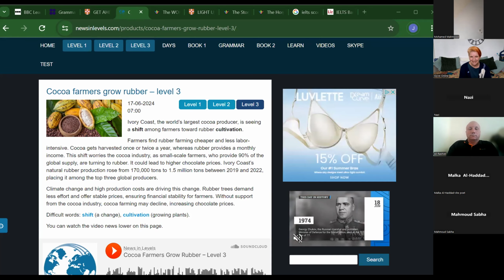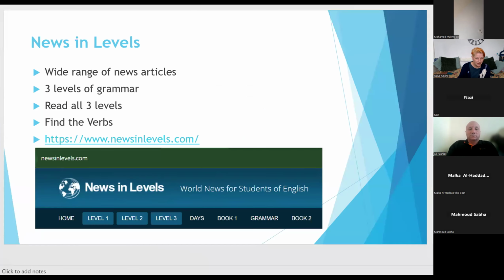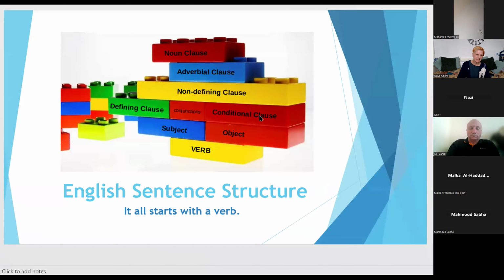All right. Those are the primary tools that we'll be using through this class. And all of this is to support what we'll be doing in our structural grammar.